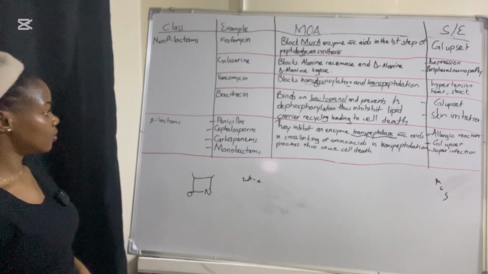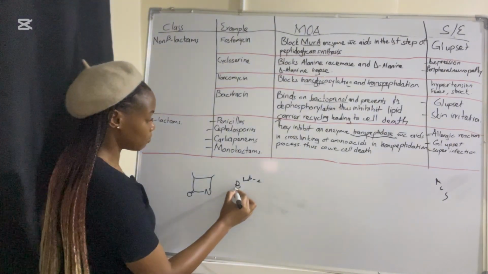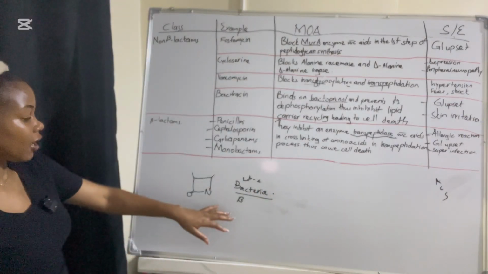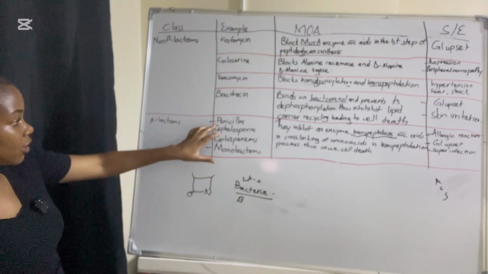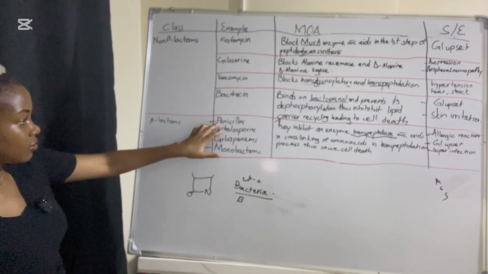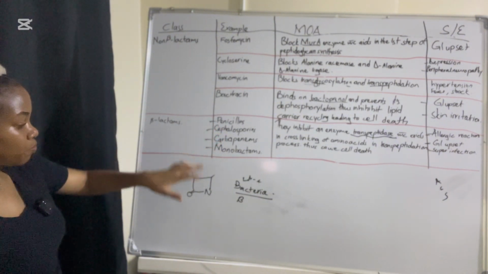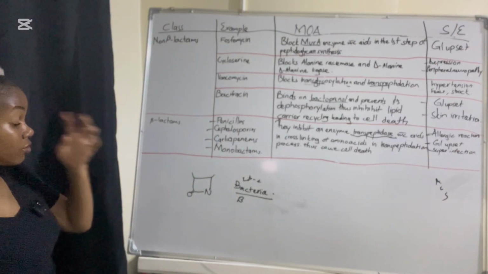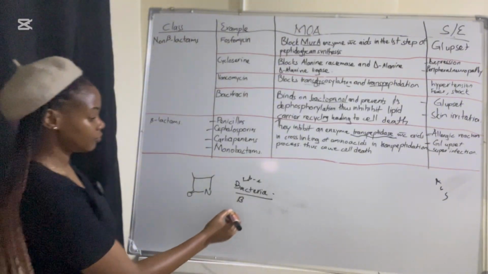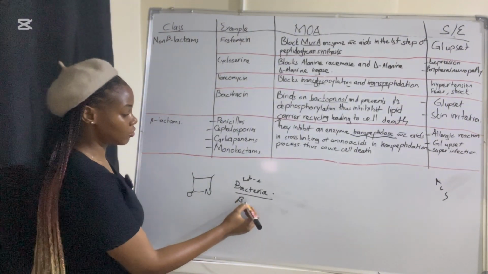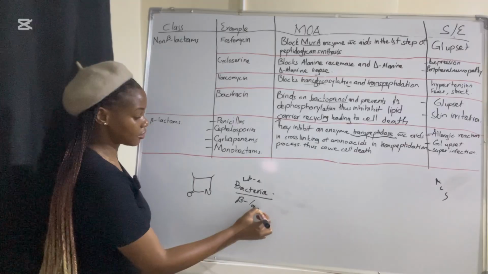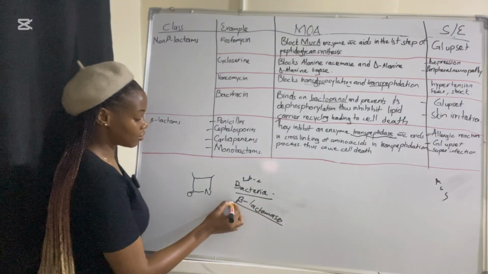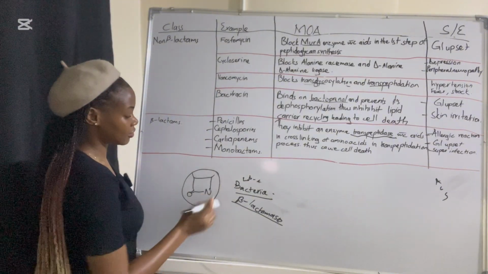That's why bacteria have developed resistance to these two classes of drugs, the penicillins and the cephalosporins, because their beta lactam ring is exposed. So the bacteria produce an enzyme called beta lactamase. It is this enzyme that is going to break down this beta lactam ring.